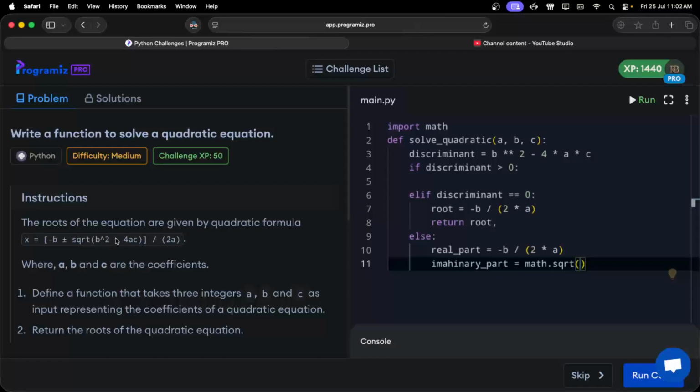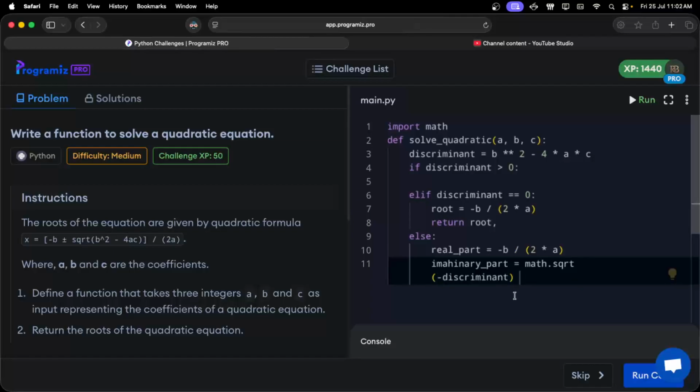So whatever comes out of this, since that is a minus thing, right? So it's coming out to be, let's say, minus 1 or whatever. So that's the square root that we need to put inside. So this will be the discriminant, which is coming from above over here itself, right?